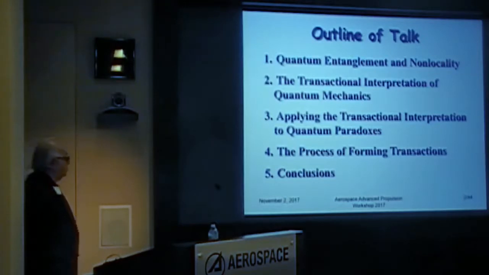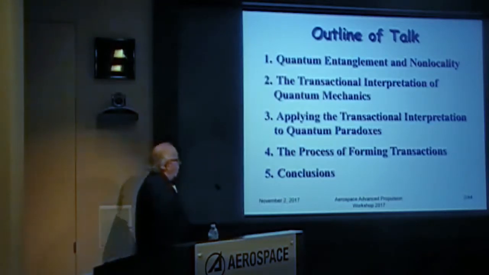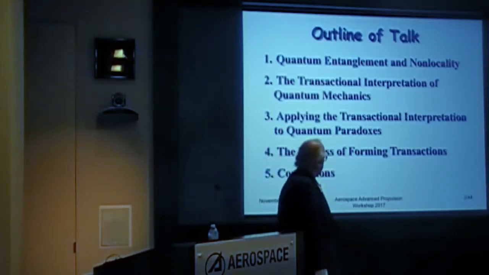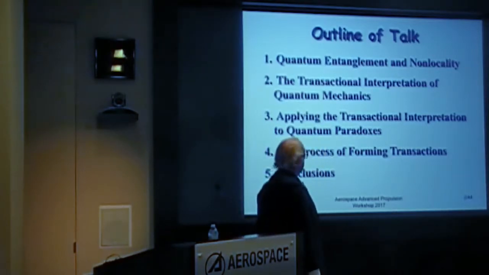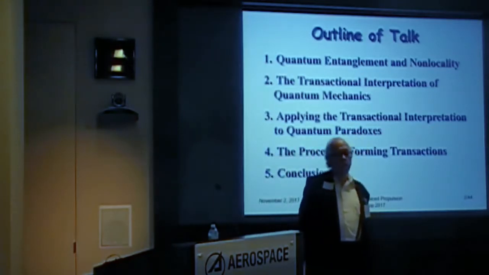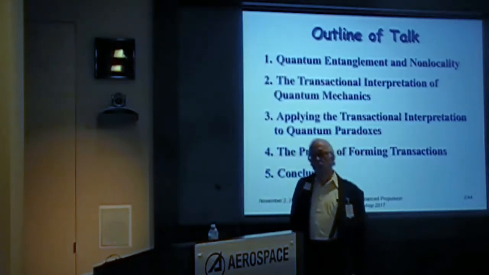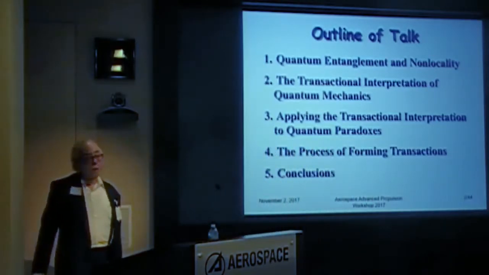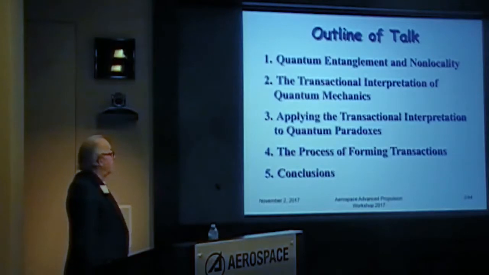And finally, I'm going to show some new work on the process of actually forming a transaction in the transactional interpretation. I had originally thought you just had to take the transactions for granted, but I learned from Carver Mead that there's a way of using quantum mechanics to actually show how a transaction emerges as part of the process, and then that will be the end of the talk.